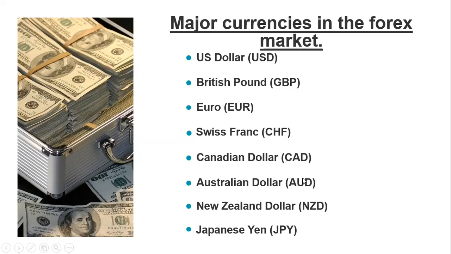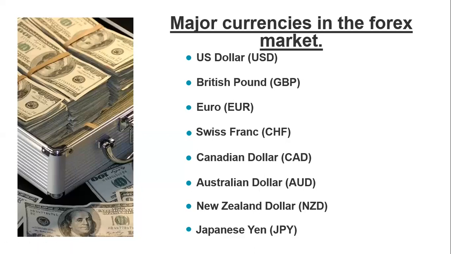Some Forex tutors stop here, but I consider the New Zealand dollar also a currency of significance. So that's why my own list is 8. I added the New Zealand dollar. So we have the US dollar, British pound, euro, Swiss franc, Canadian dollar, Australian dollar, New Zealand dollar, and the Japanese yen.